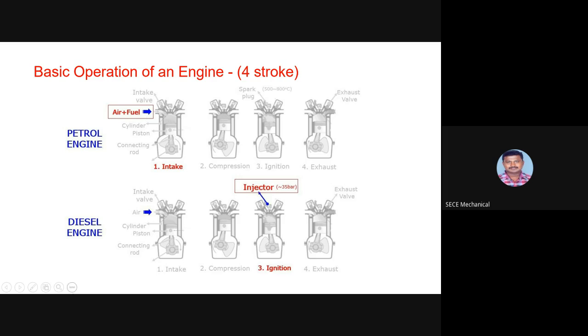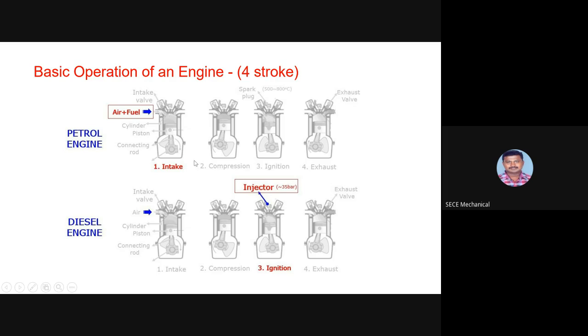This is the suction or intake stroke. During this time, the exhaust valve is closed. This stroke is called the intake stroke because the air-fuel mixture enters the cylinder in a petrol or spark ignition engine.